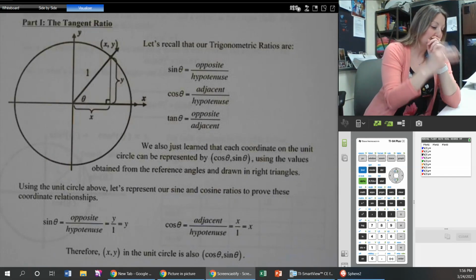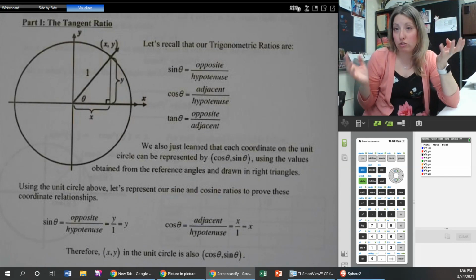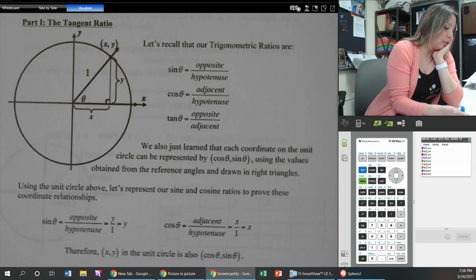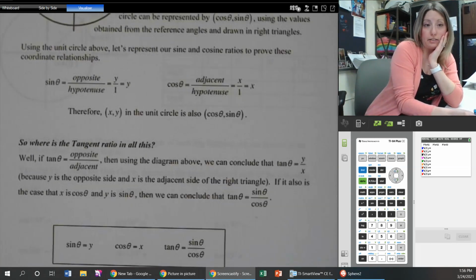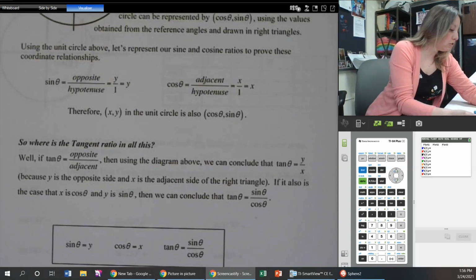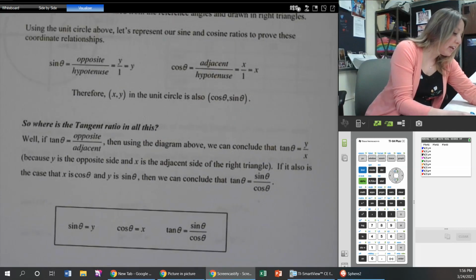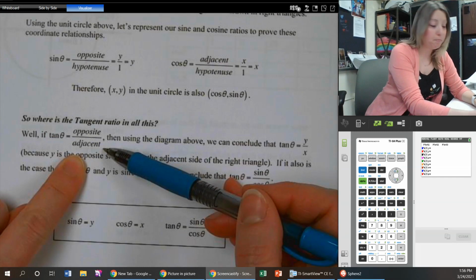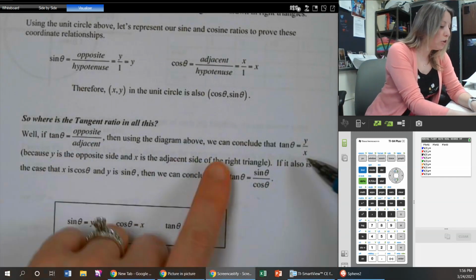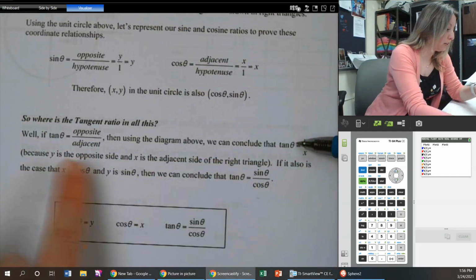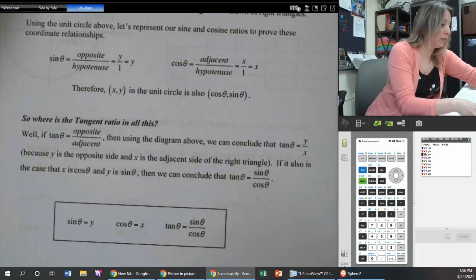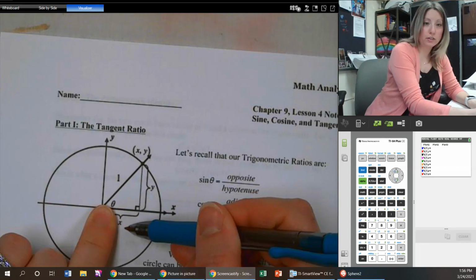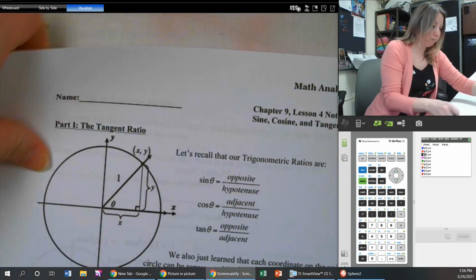Okay? But what we've failed to mention so far is the tangent ratio. So we really haven't talked about the tangent ratio yet. So where is the tangent ratio in all this? Well, the tangent ratio is opposite over adjacent. Okay? So we'll use the above diagram to conclude that opposite over adjacent is y over x, right?